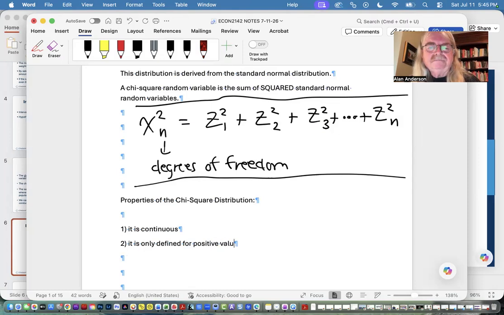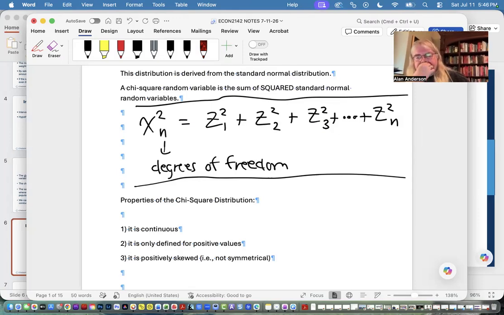No negatives, in other words. Three, it is positively skewed, not symmetrical, like the standard normal is. And I guess that's all we really need to say for now. So let me show you what it looks like. Oh, I guess maybe I'll add one more.